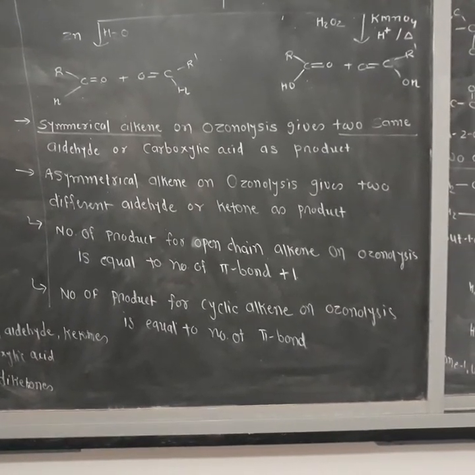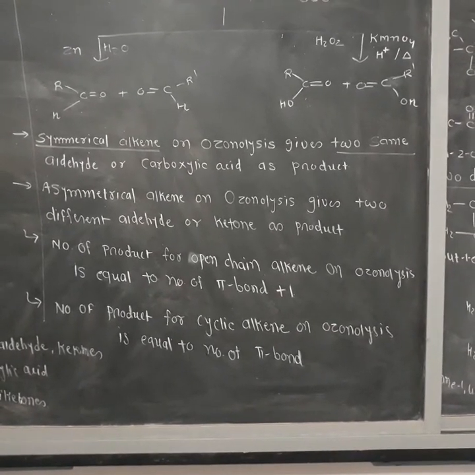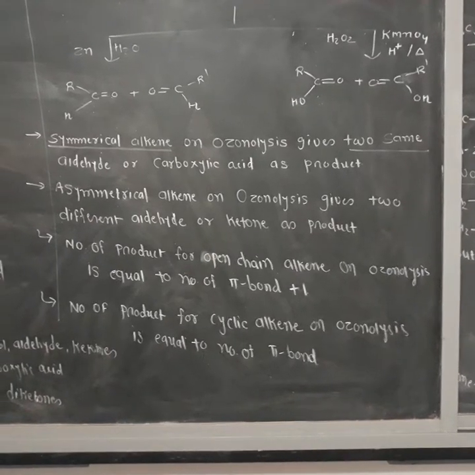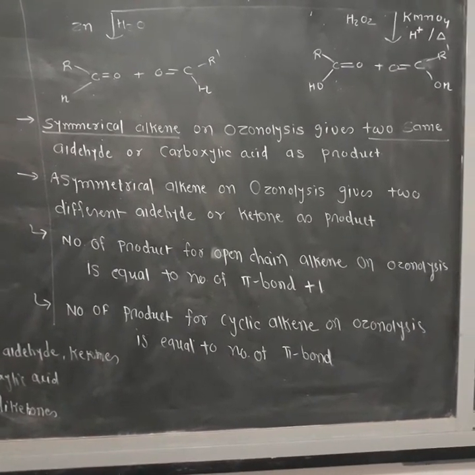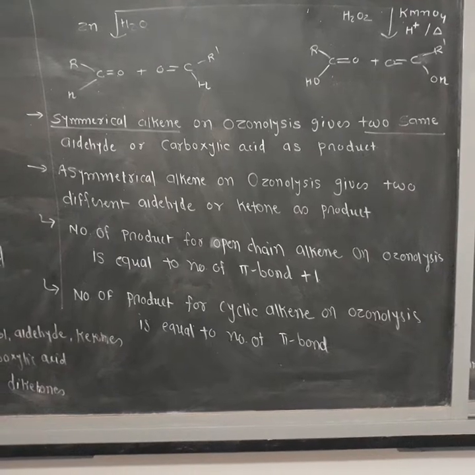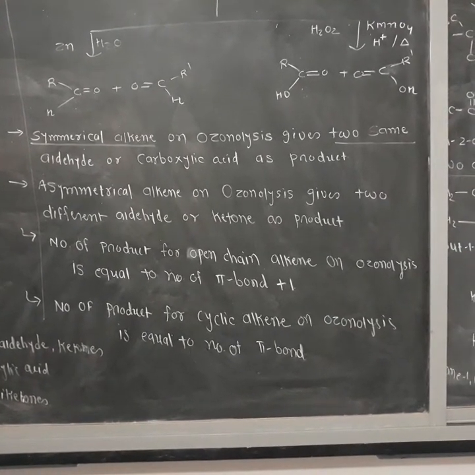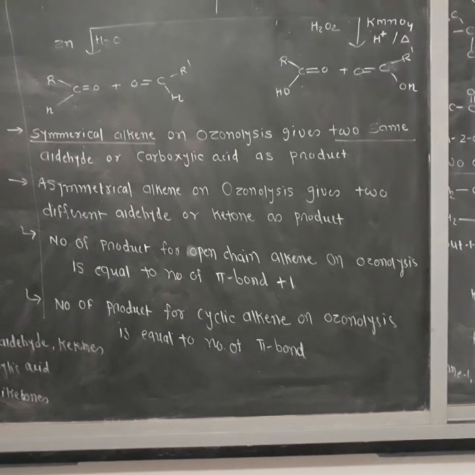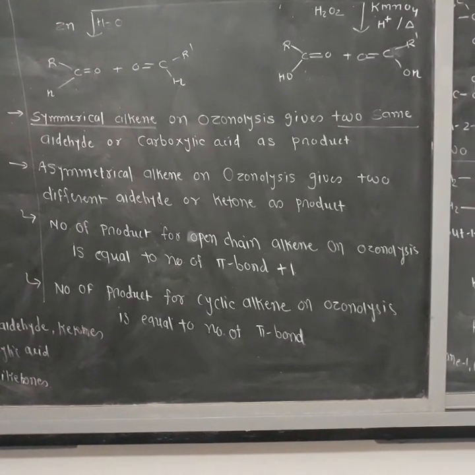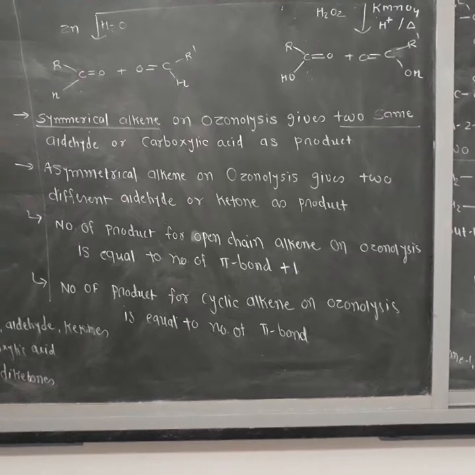Next, the most important point which may be asked in the examination: number of products for open chain alkene. If your alkene is open chain, like butene, propene, ethene, pentene, etc., then an acyclic or open chain alkene on ozonolysis gives a number of products equal to the number of pi bonds plus 1.